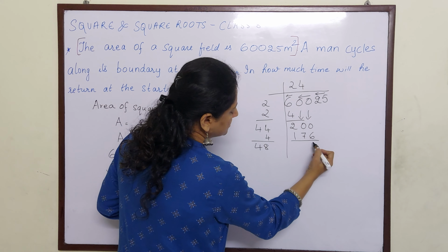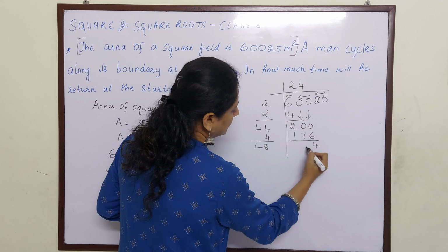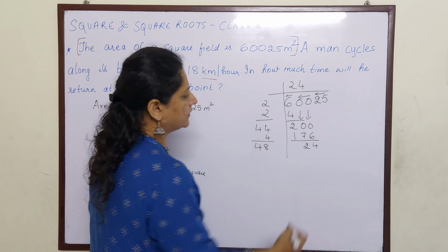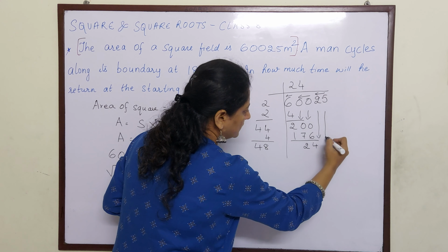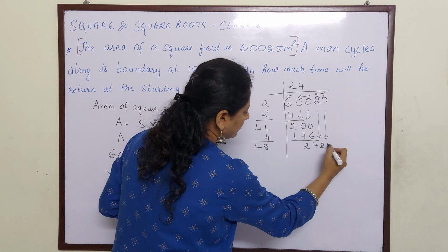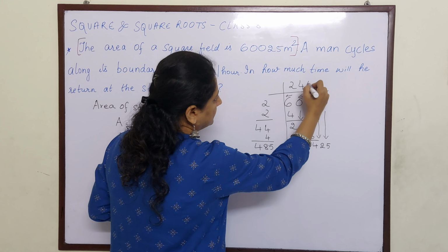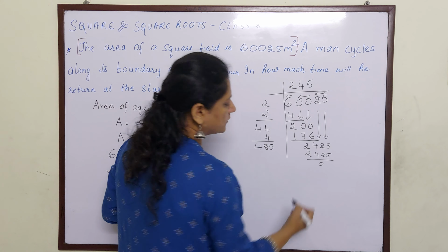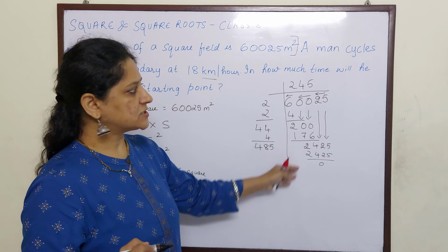Now I will bring down the next pair, that is 25. So 485 into 5 is 2425. So our remainder is 0. That means yes, it is a perfect square.